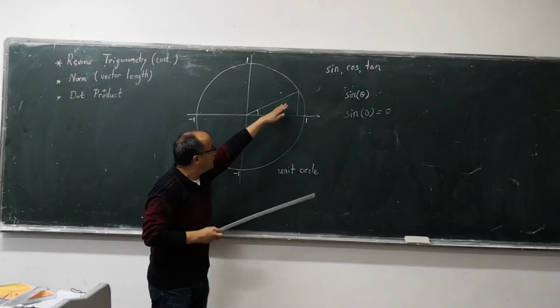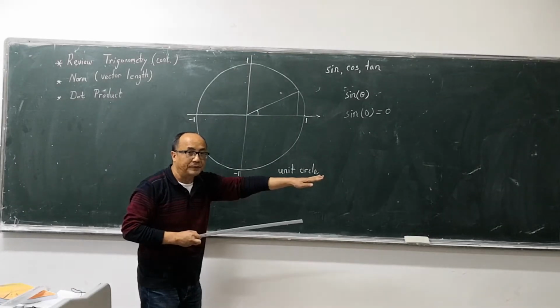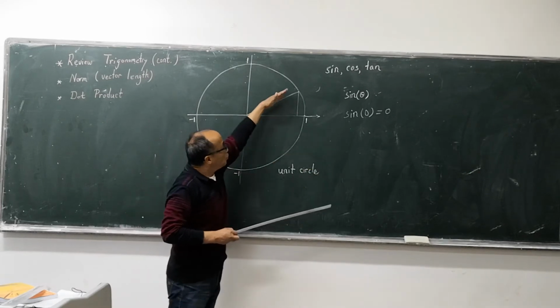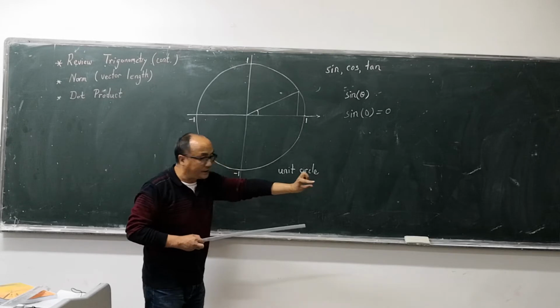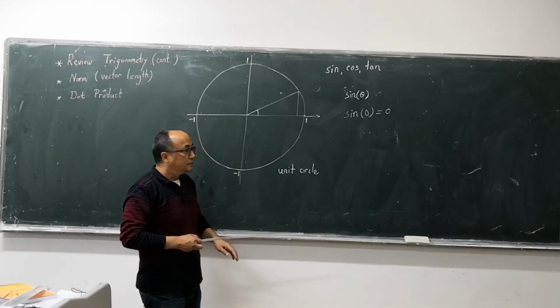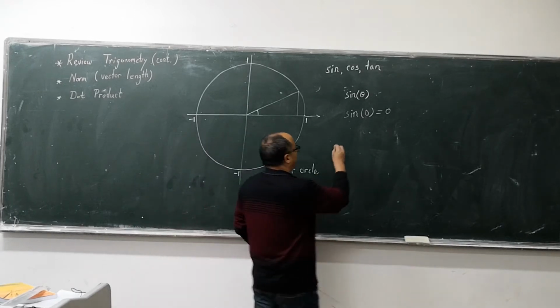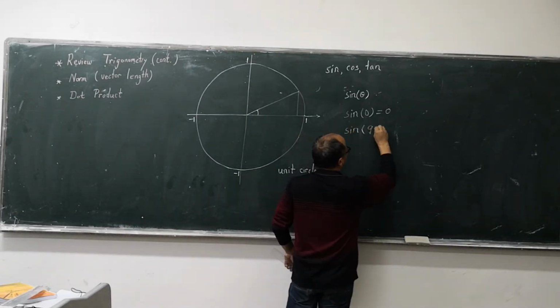Because now the movie screen is completely on the floor. When this angle becomes smaller, the movie screen becomes completely 0. And you will understand why sine 90 degrees is what it is.